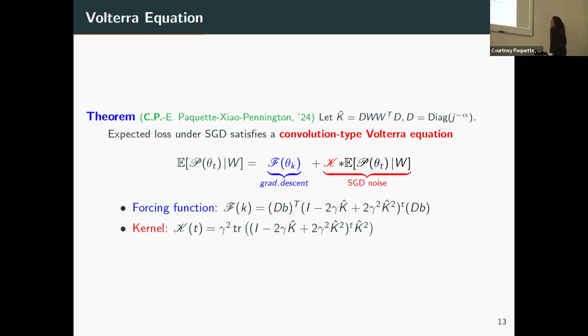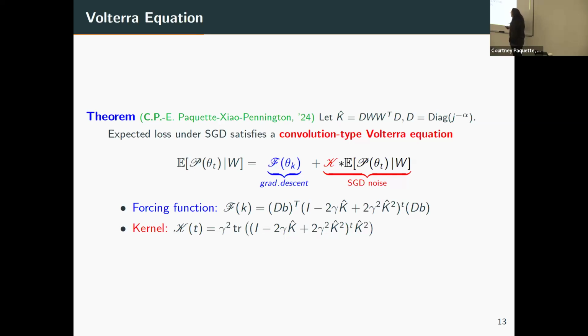So how do you actually go about doing this? I've been working in research in this area for a long time, and the idea is that you can actually predict the dynamics of the SGD algorithm under this model. If I let K hat be D W W transpose D, where D is a diagonal with j to the minus alpha, SGD actually satisfies what is called the convolution Volterra equation. It splits into two terms.